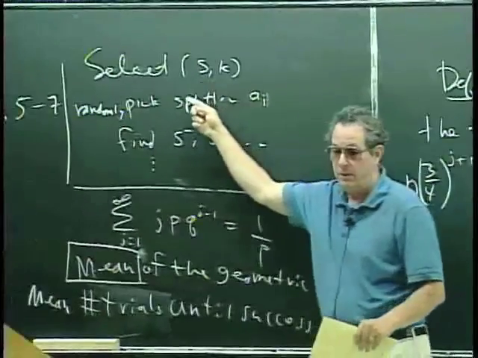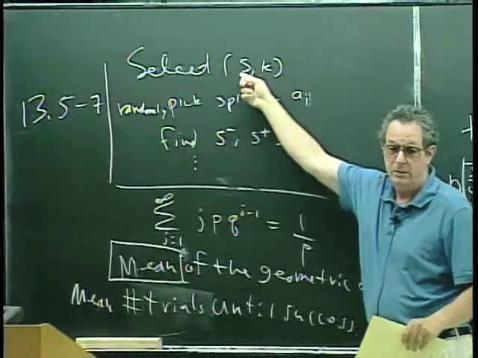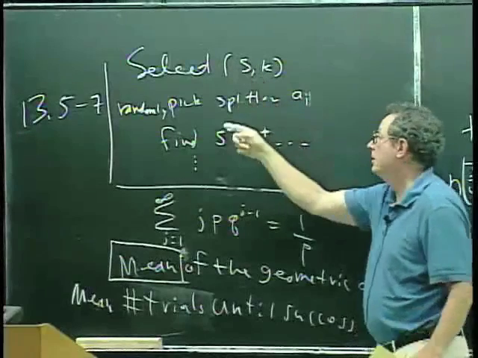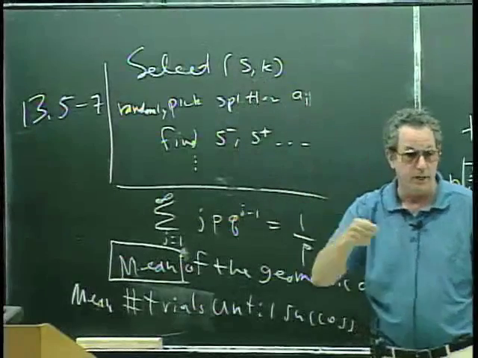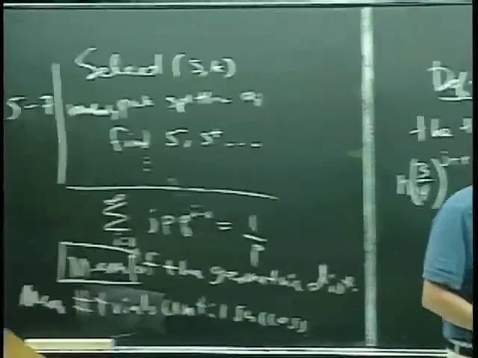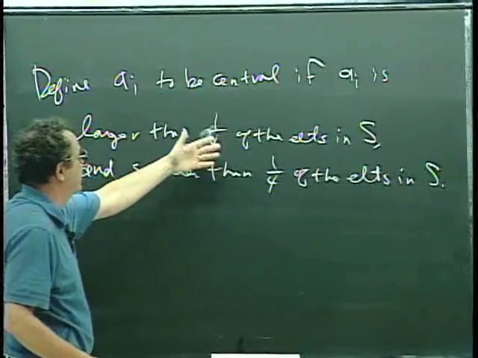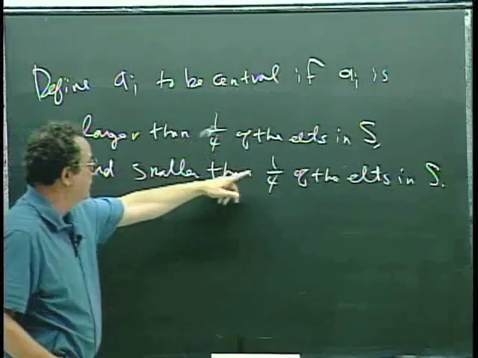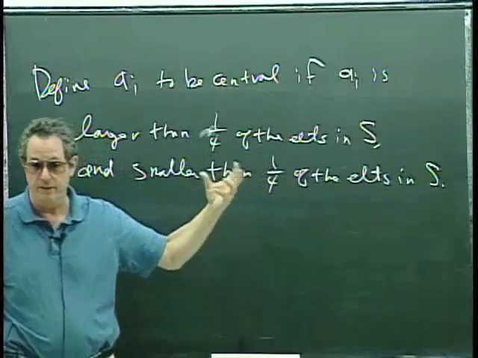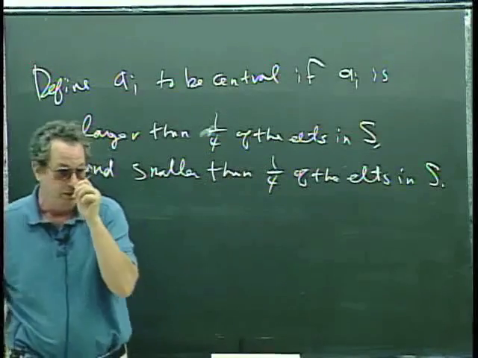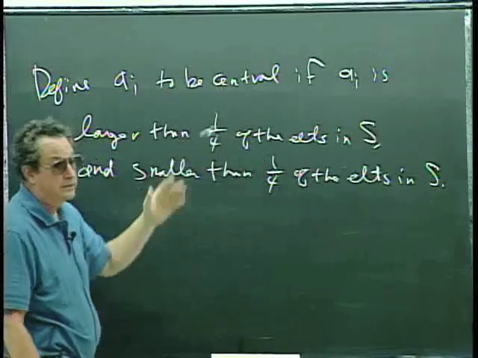For a particular call, there is a particular S, and in that call the splitter AI is picked randomly. If AI is larger than 1/4 of the elements of S and smaller than a quarter of the elements of S, for the current S where that splitter is picked, then we say it's central.